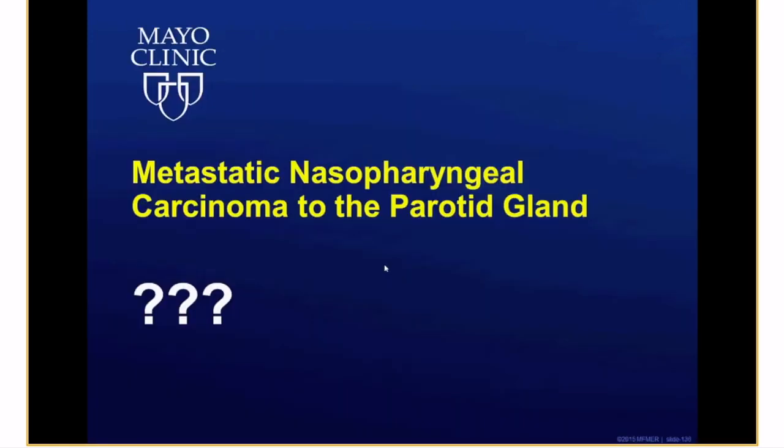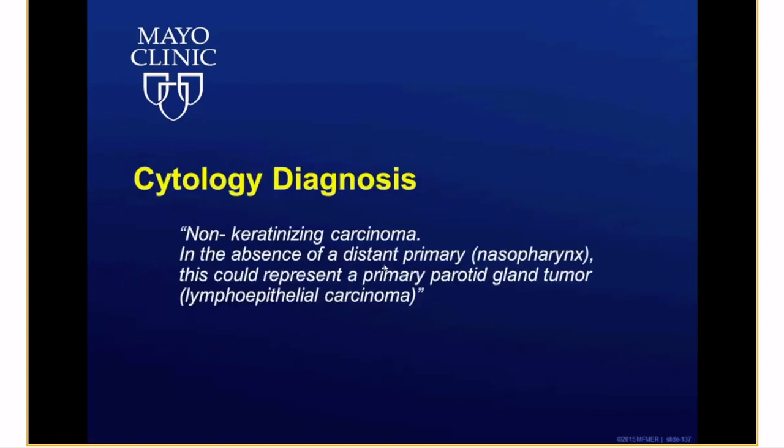So that was the initial consideration. But this case was signed out as a non-keratinizing carcinoma with a comment stating that in the absence of a distant primary such as the nasopharynx, this tumor could represent a primary parotid gland tumor, or lymphoepithelial carcinoma primary of the parotid could look like that.